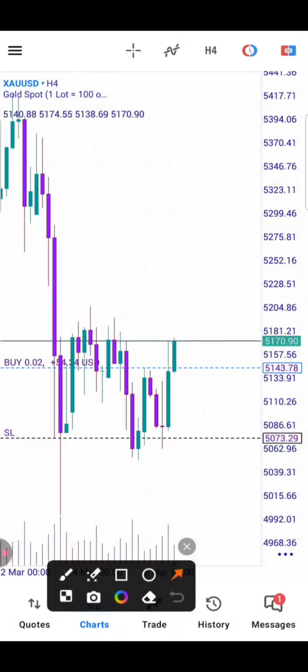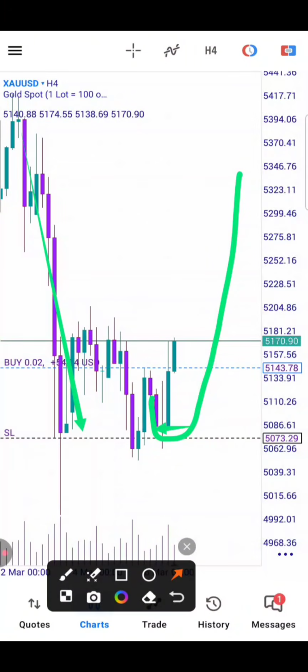So for that reason, the moment you see that break of structure on the 4-hour time frame, which is the higher time frame here, you get the message that this market, this price intends to reverse. It is done going down. Now it intends to reverse and come back all the way here, right?